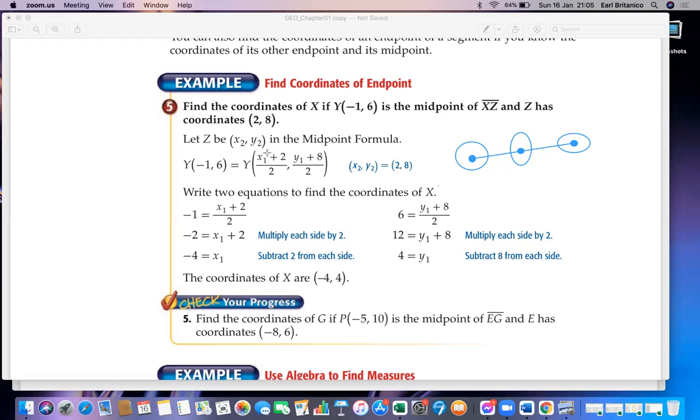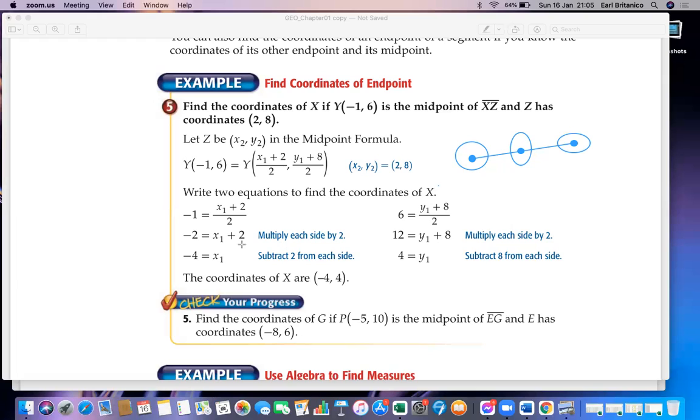We separate: negative 1 equals x1 plus 2 all over 2, and for the y's, 6 equals y1 plus 8 all over 2. Solve them separately. Bring 2 to the other side to eliminate the denominator, so negative 2 equals x1 plus 2.